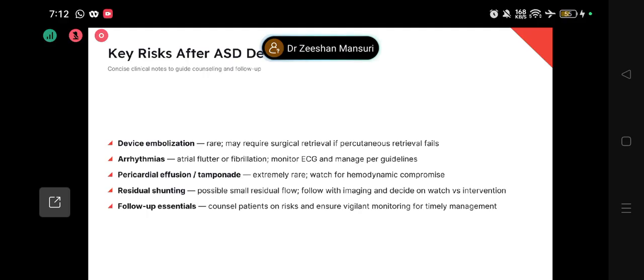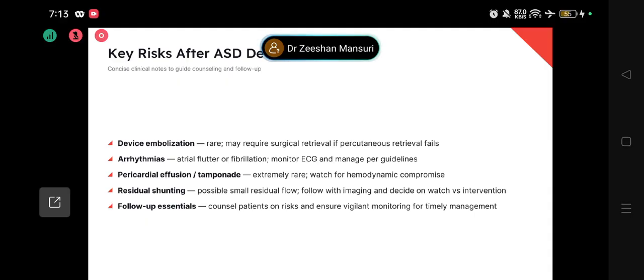Initially the treatment is supportive, but if you believe on the echocardiogram or fluoroscopy that the device is causing inadequate closure of the defect, then you can take it out and put in a larger size device. But most of the time, the hemolysis is controllable with conservative measures, but you need to be aware of that.